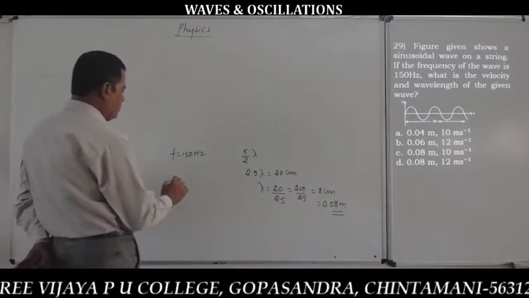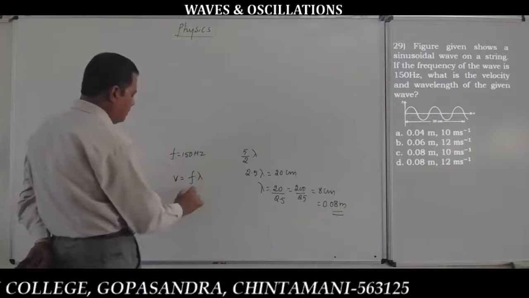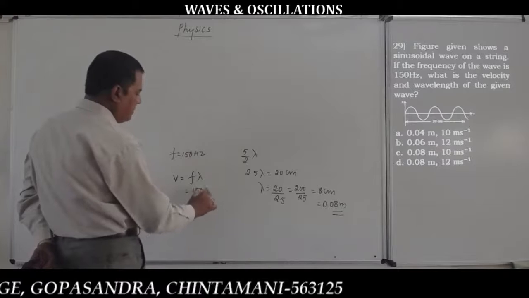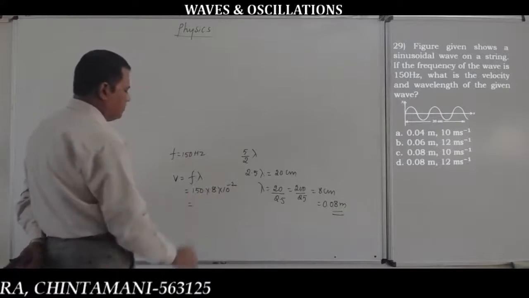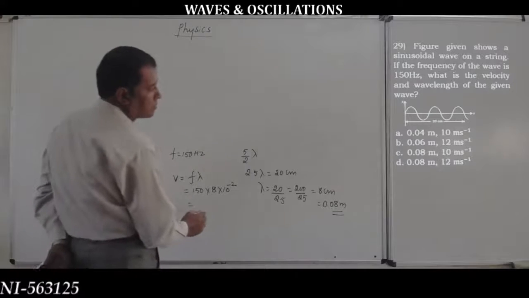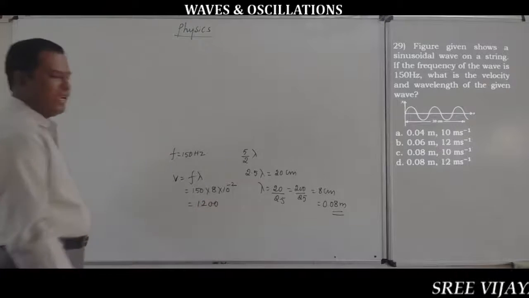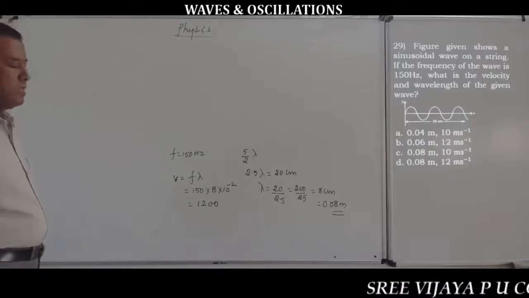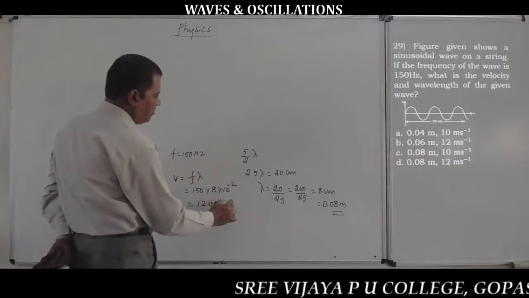V is equal to f lambda, which is 150 into 8 centimeter, 8 into 10 power minus 2. So 150 into 8 is 1200 into 10 power minus 2.